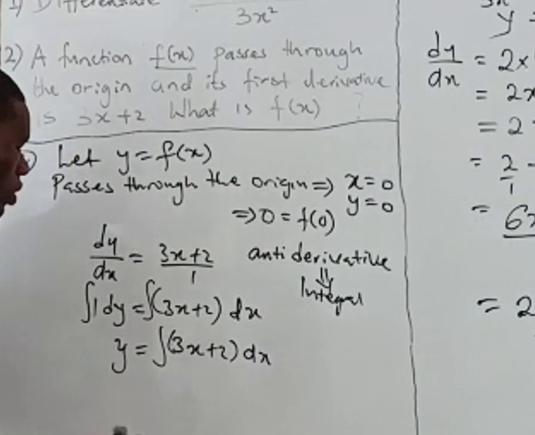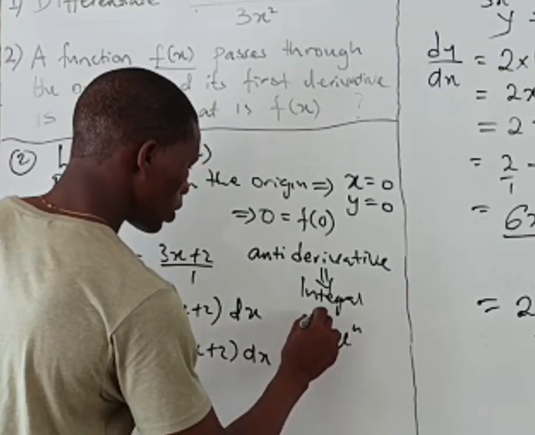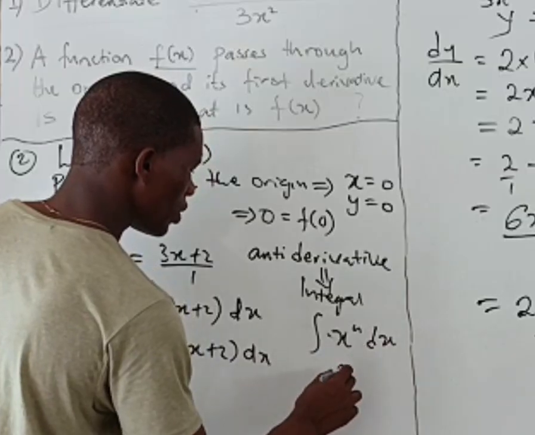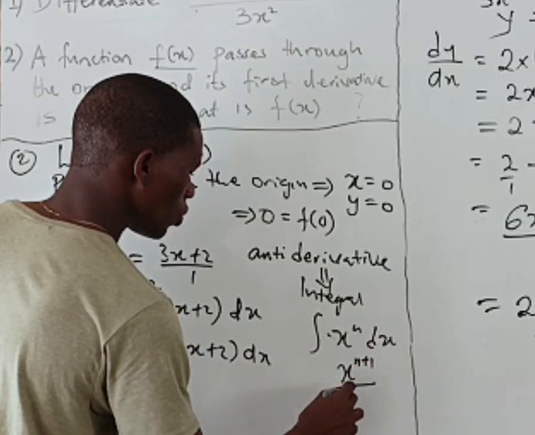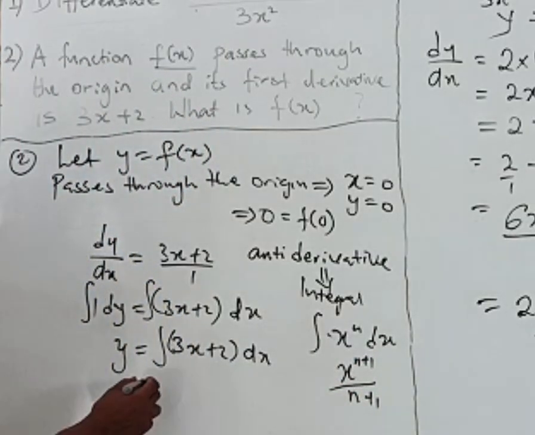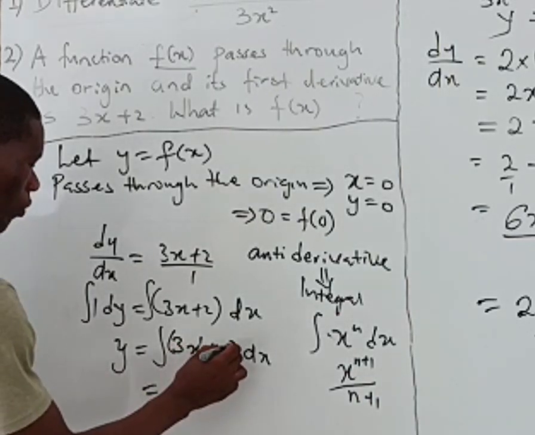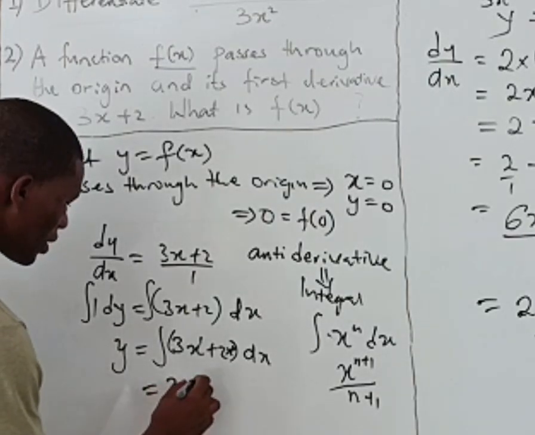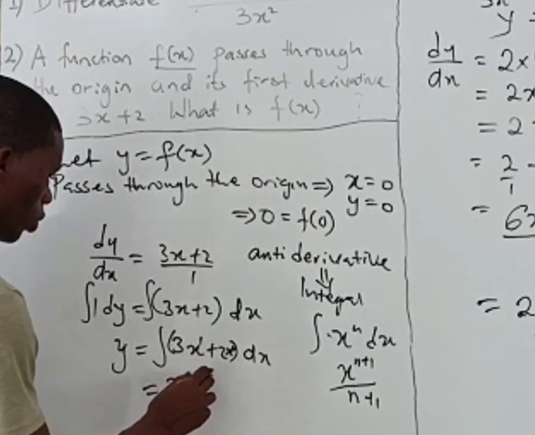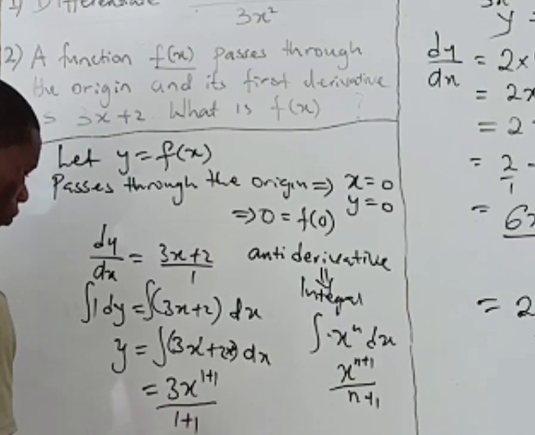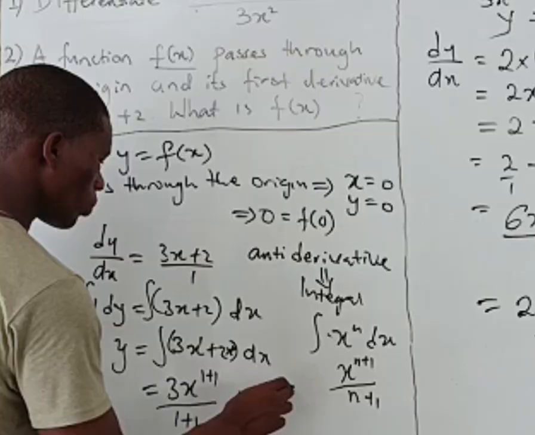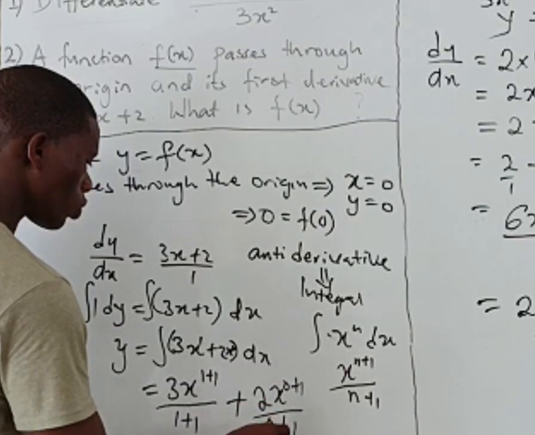And remember that when we integrate x to the power of n with respect to x, we have it to become x^(n+1) over n+1, right? So the power of x is 1, and the 2 has x raised to power 0. So we have 3x raised to the power of 1 plus 1 all over 1 plus 1, plus 2x raised to power 0 plus 1 all over 0 plus 1.